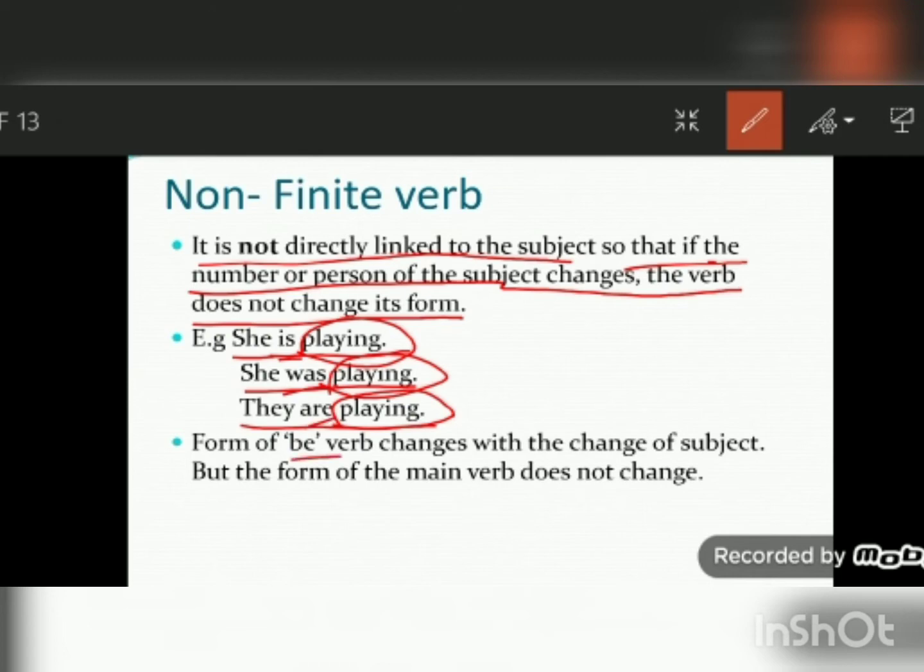So the form of the be verb changes with the change of subject, but the form of the main verb does not change. She is playing tells us about present tense. She was playing tells about past. And in they are playing, the subject they is plural, so the helping verb will be are. So the be verb changed, but the main verb remains the same.